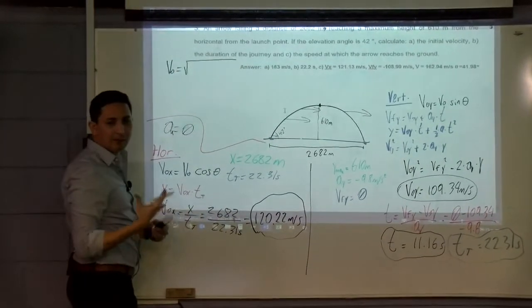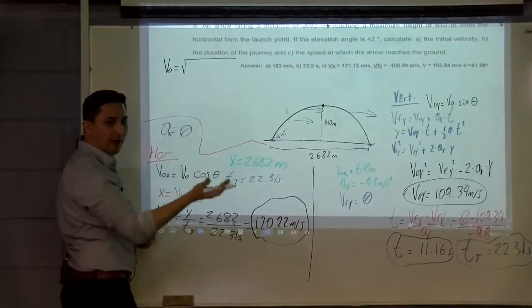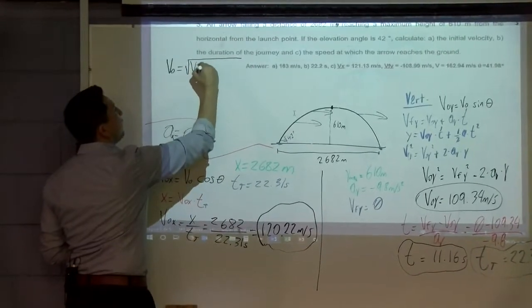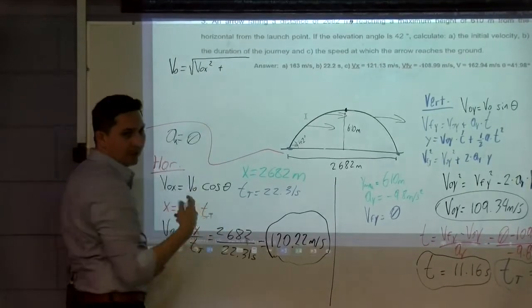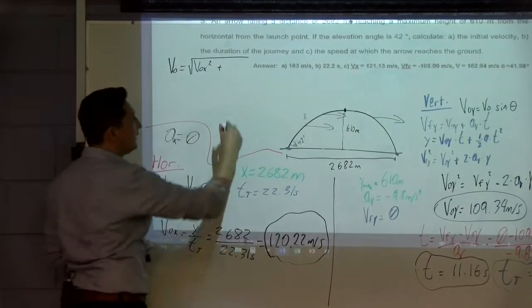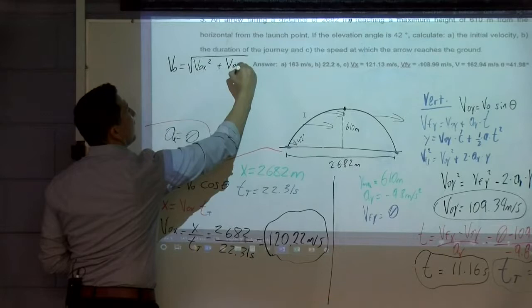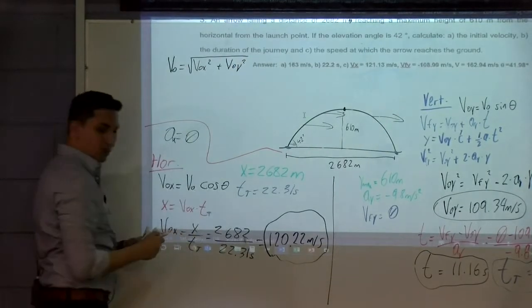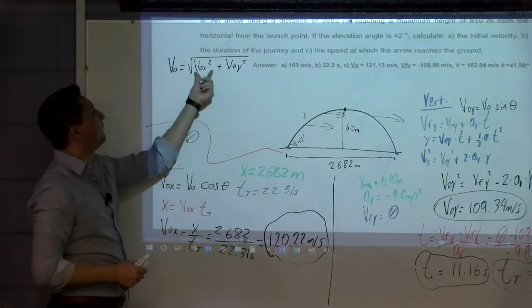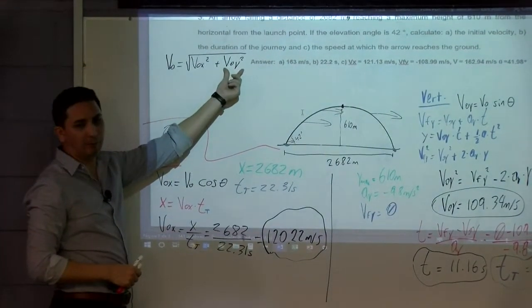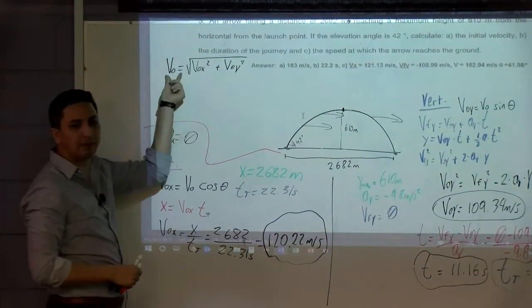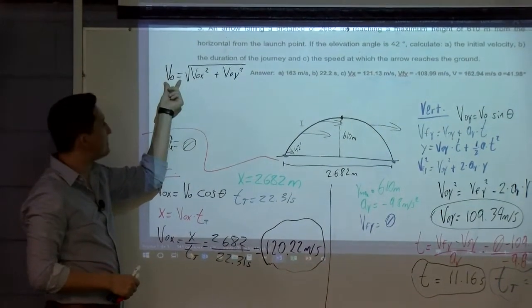And in this case my two components, x, y, is the VOX squared plus the other component, the vertical one, that is the VOY squared. So if you have the horizontal component x and the vertical component y, you can calculate the vector. Okay?